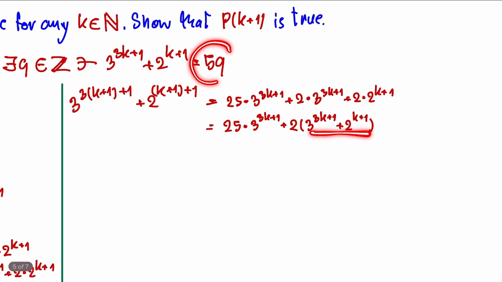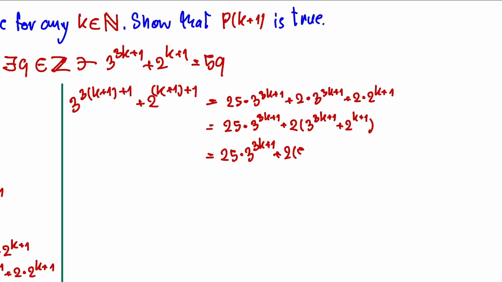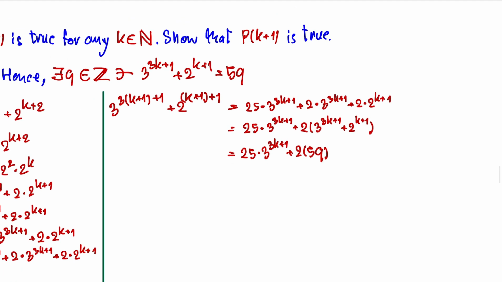And this term right here is 5q. So we're going to have 25 times 3 to the 3k plus 1 plus 2 times 5q. And we try to factorize the number 5. So we're going to have 5 times 3 to the 3k plus 1 plus 2 times q.